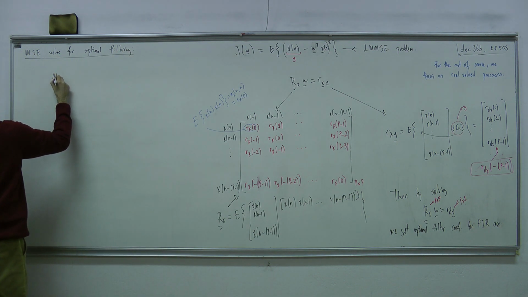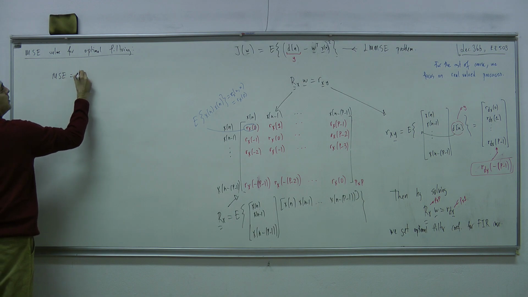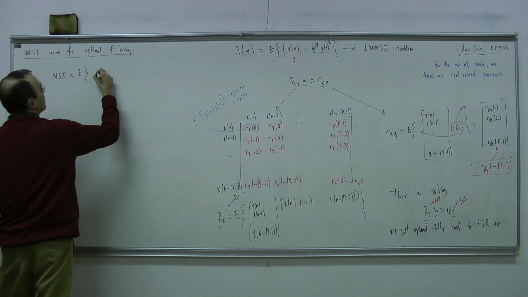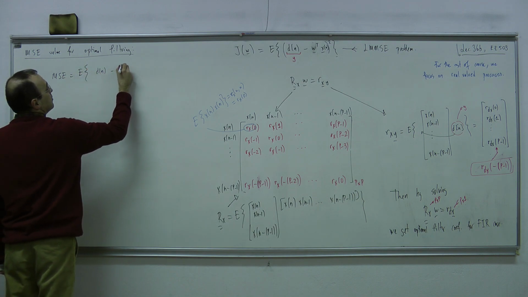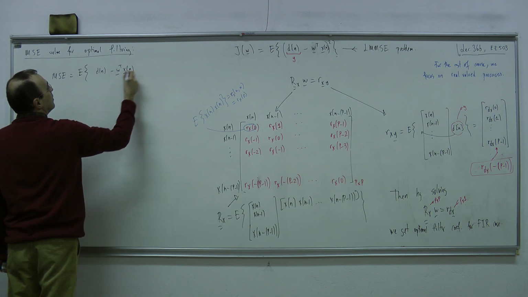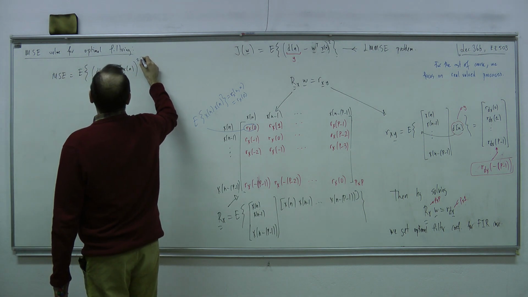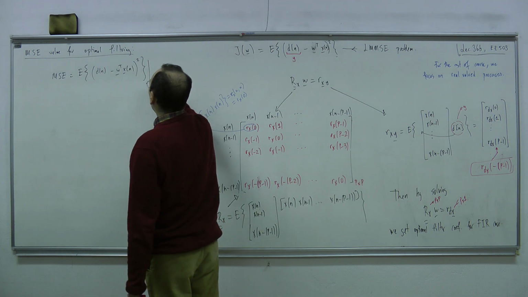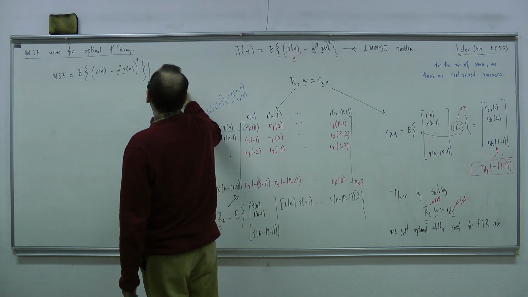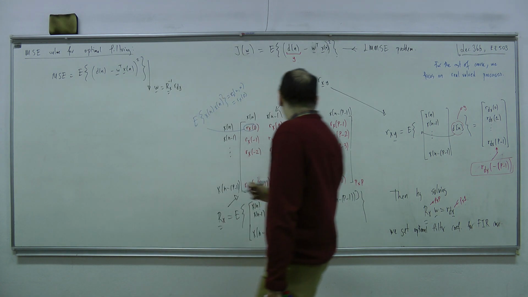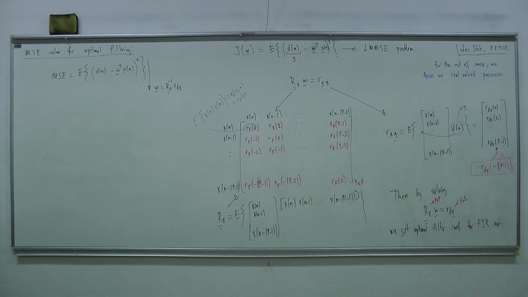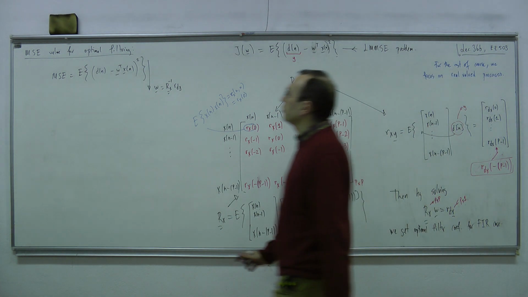What's MSE? MSE is the expected value of (d[n] minus this parentheses) squared, but for which W? When the W vector is Rx inverse Rdx, for this optimal W.